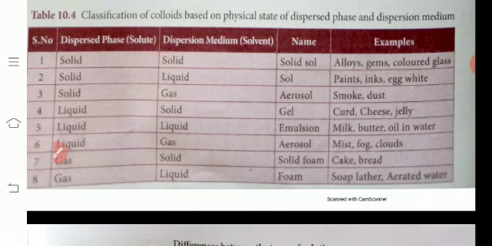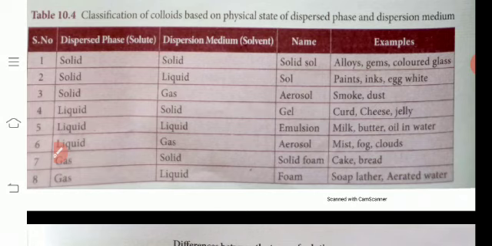Then next one, solid in liquid: paint, inks, egg white. Then solid in gas: aerosol, smoke, dust. Liquid in solid: gel, curd, cheese, jelly. Liquid in liquid: emulsion, milk, butter, oil in water.